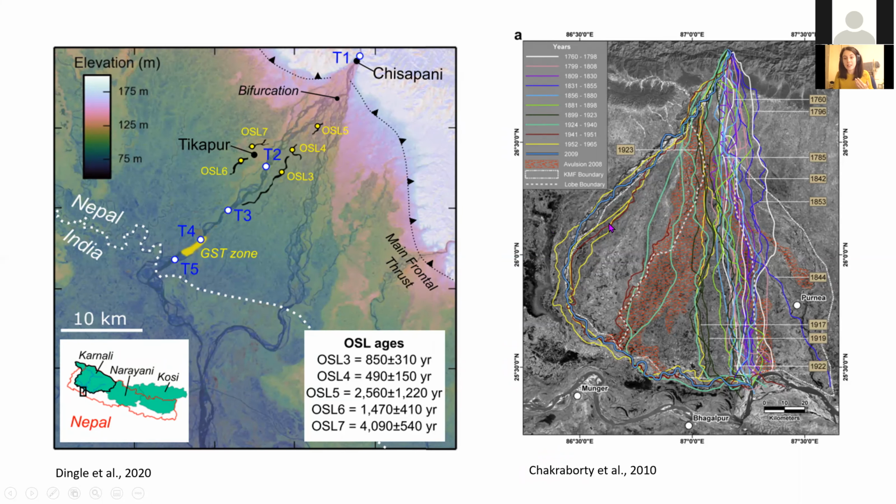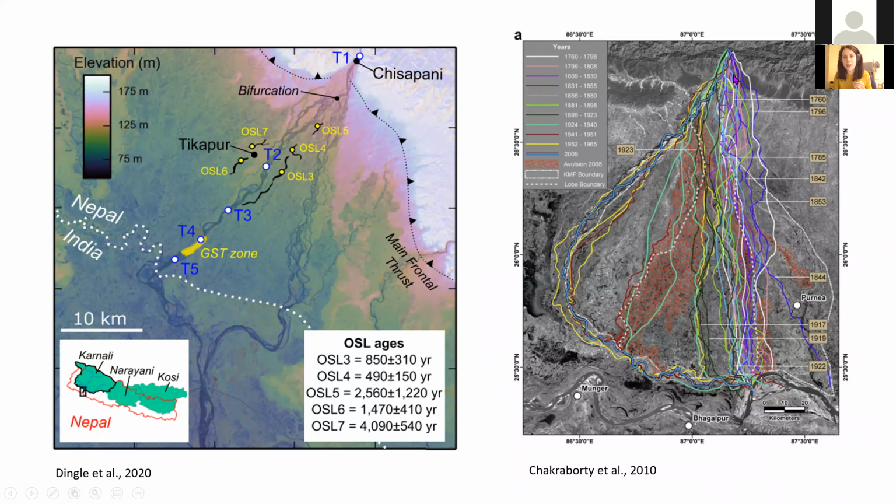If we then compare this to the Kosi catchment, which is further in the east, this study by Chakraborty in 2010 shows that all these channels represent a different time period when the active Kosi channel occupied a different portion of the gravel fan. The gravel-sand transition on the Kosi is just about here, about 10 kilometres from the mountain front.